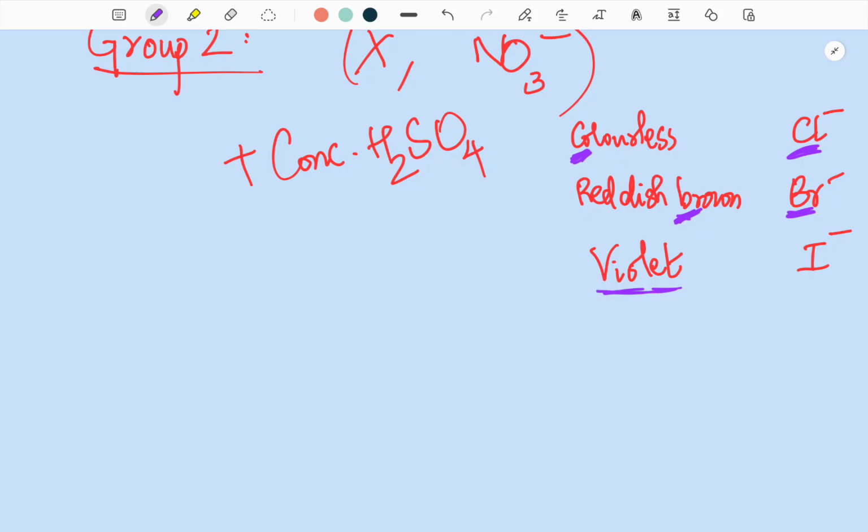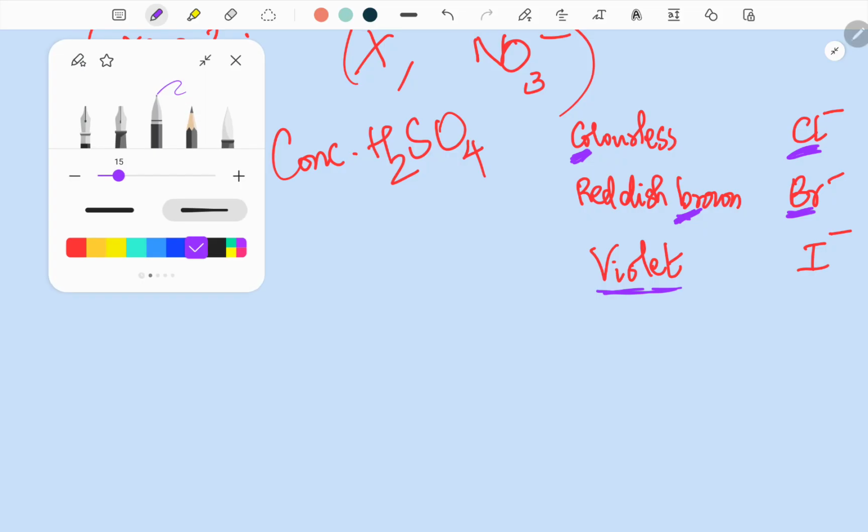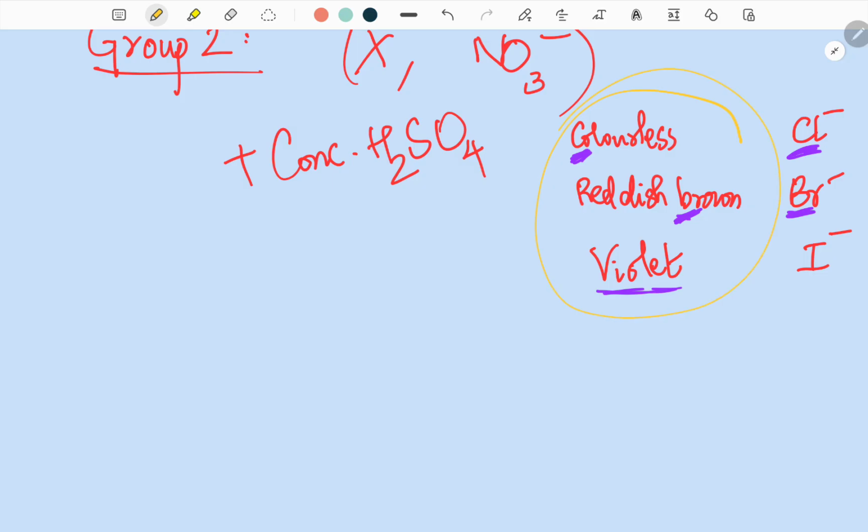Now, the next ion is nitrate. Before that, I need to do the chemistry behind the reaction. So what is the chemistry you need to learn for your Viva? For the Viva, you need to know what these vapors being evolved are.